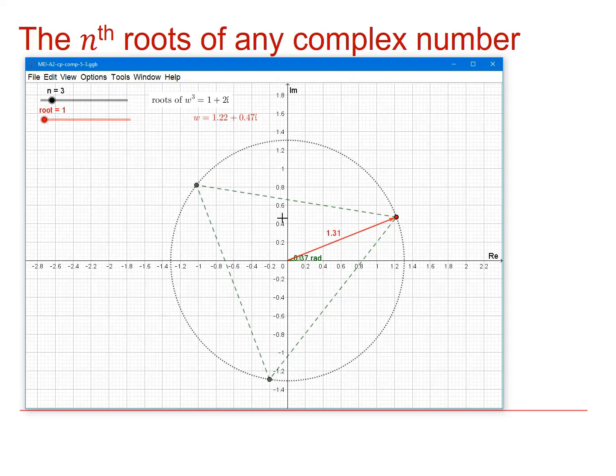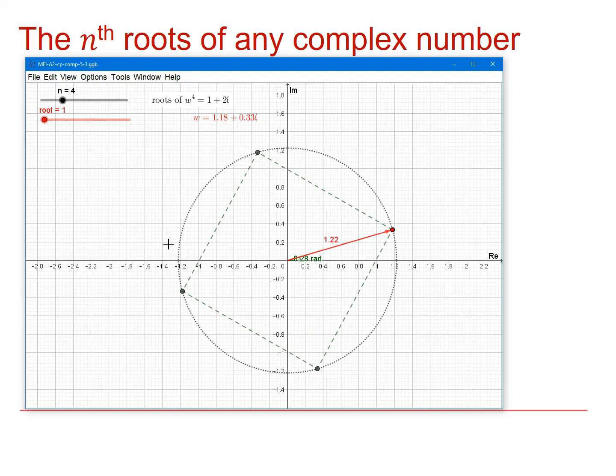And this circle has a radius of about 1.3. If I up the power to 4, you can see the radius of the circle is reduced slightly. I'm now doing the 4th root of the modulus of 1 plus 2i, and I get 4 roots around the circle, again evenly spaced.